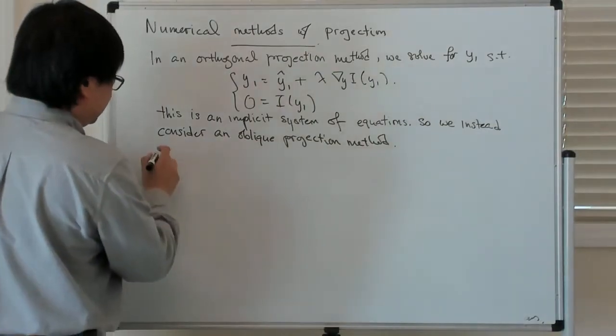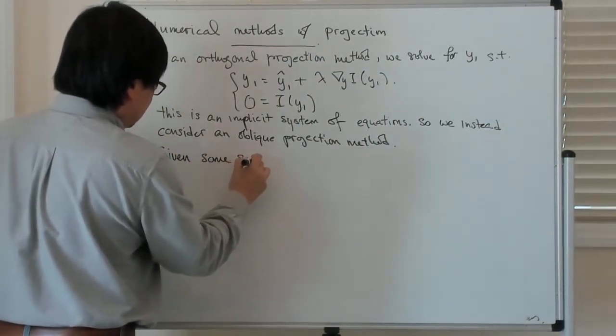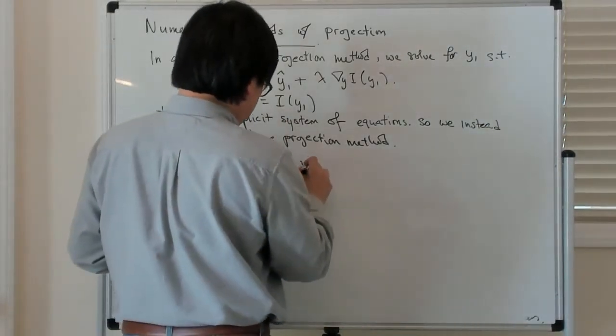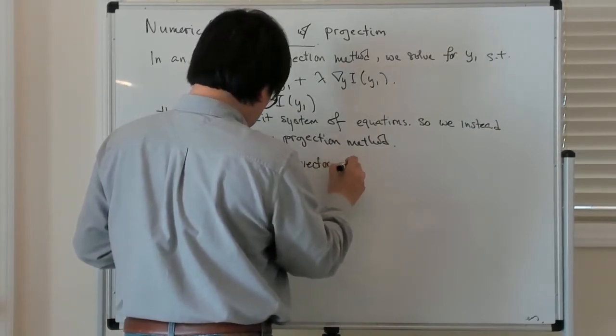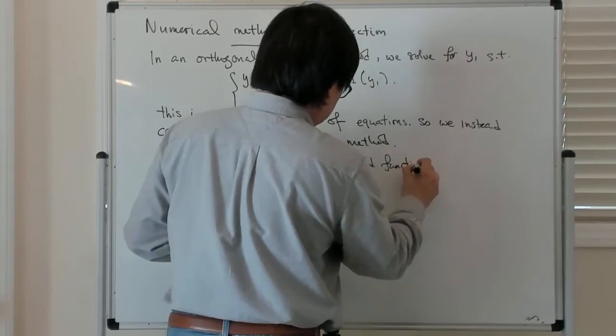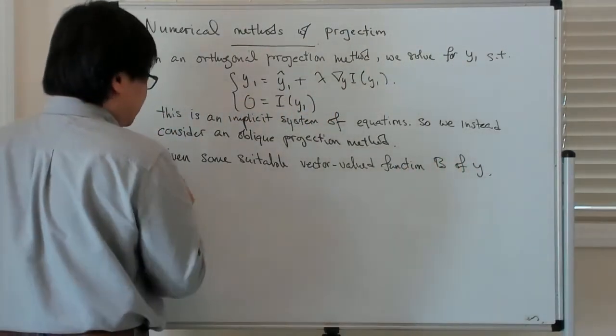So given some suitable vector valued function b of y, we have the following oblique projection method.